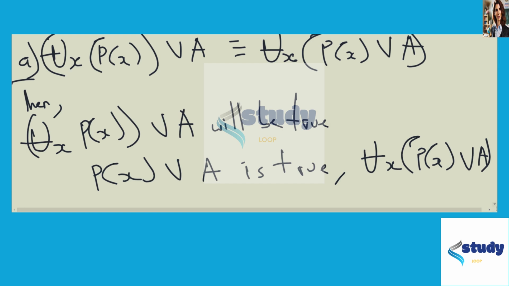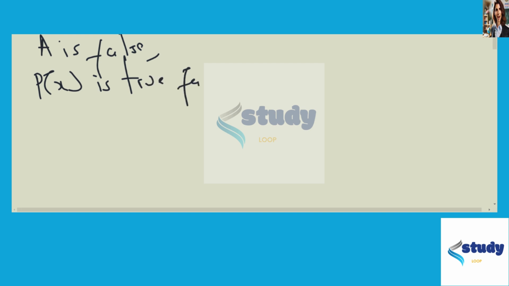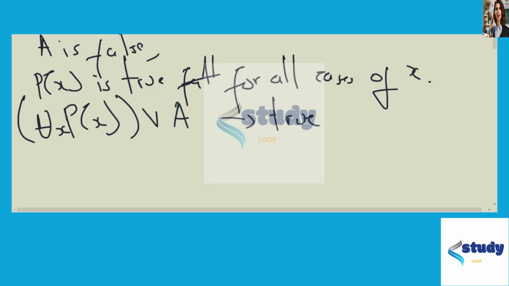So now let's consider when A is false. When A is false, then when P of x is true for all cases of x, you're going to get for all x, P of x disjunction A will also be true, making them equivalent.